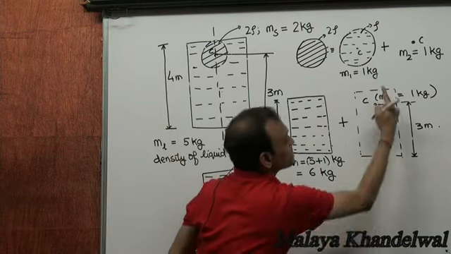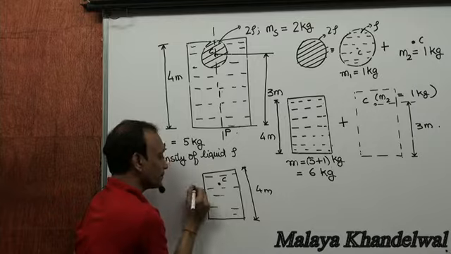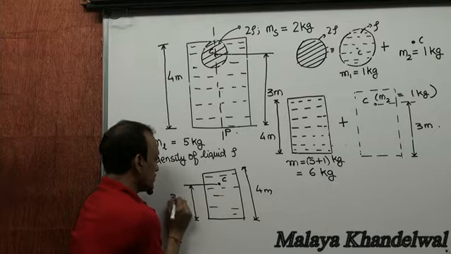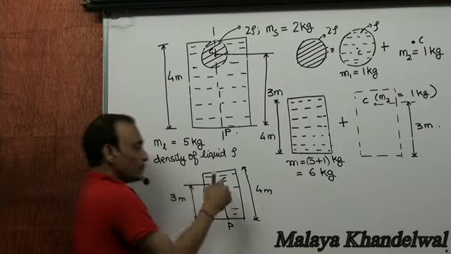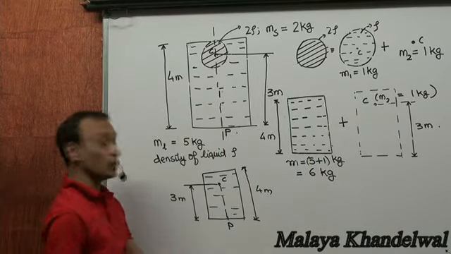At C, 3 meters above the base, there is a 1 kg mass. 3 meters above P, there is a point mass which is 1 kg. Yes or no? M2 which is 1 kg.